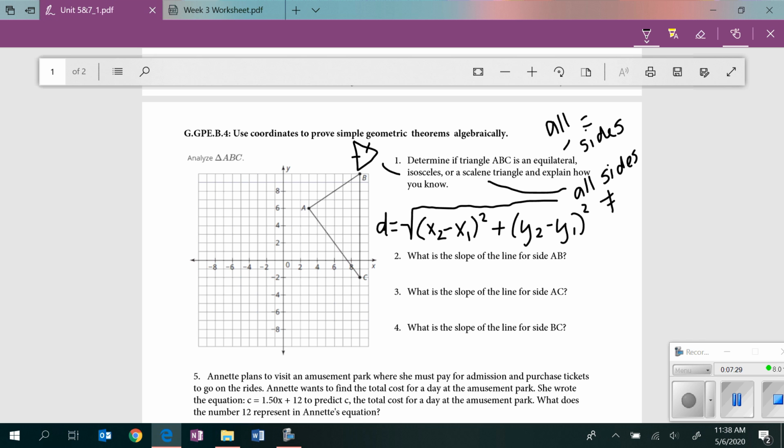What is the slope of the line for side AB? So I'm looking at AB, and remember slope is rise over run.